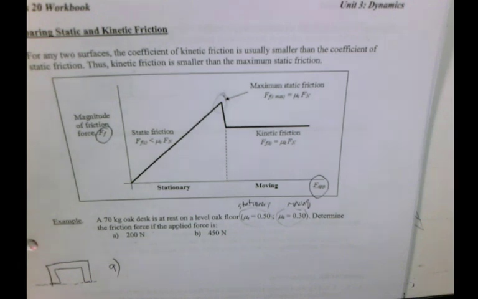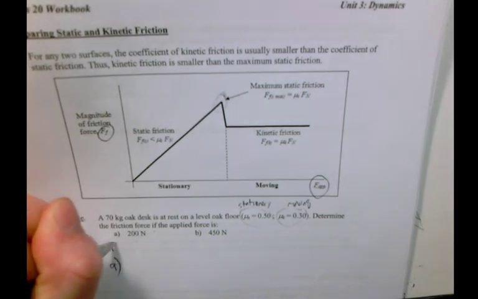So we want to determine our maximum static friction.